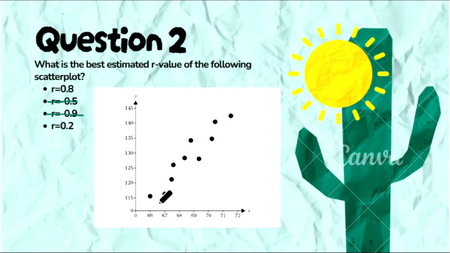So is this closer to 0.2, which would be almost random, or 0.8, which is pretty close to the line? It's going to be 0.8 because if I draw a line right here, you can, sorry, that's not straight at all, but you can see they're reasonably close to the line. They're not clear out here and clear over here like they would be with a 0.2.